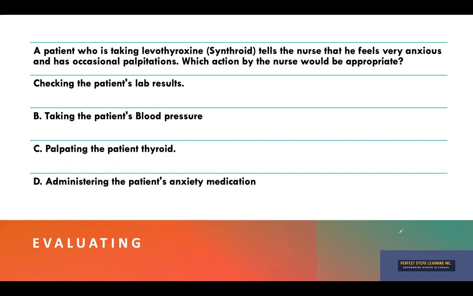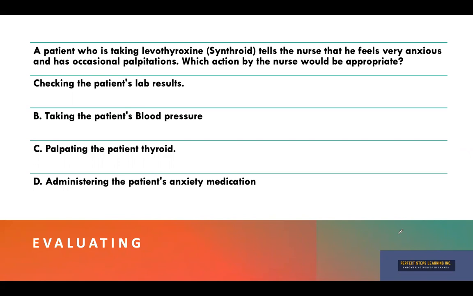Now, if I have to choose the first option, why am I choosing it? Are these assessment findings telling me that the thyroid levels, T3, T4, might be too high? If I have to take the blood pressure, again, is there a direct link?